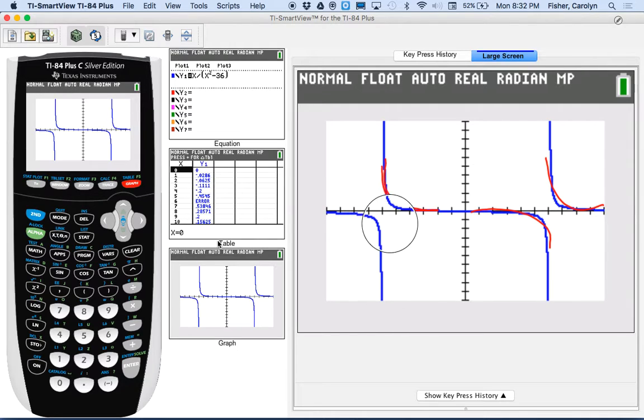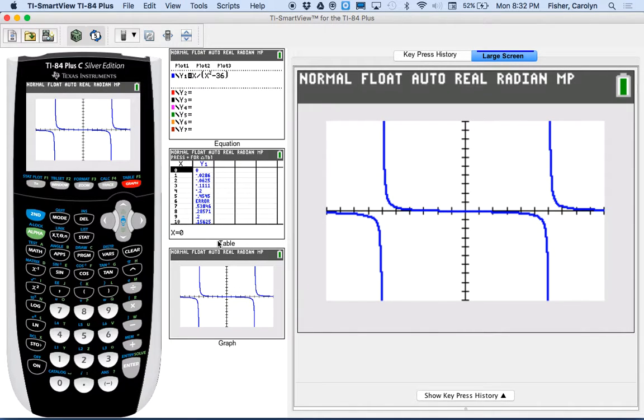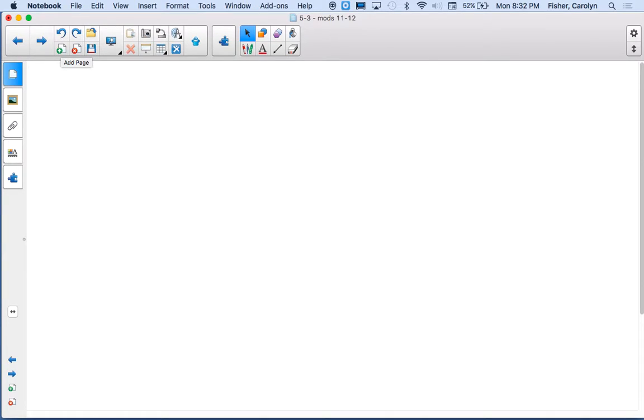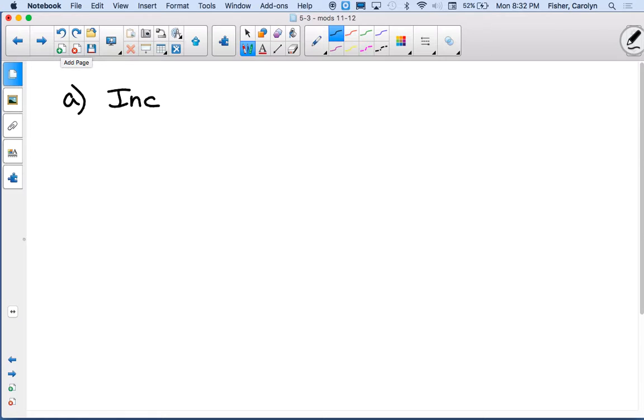If you were to write out your answers to my original 4 questions. Original 4 questions were A, intervals of increasing. So increasing, we'll go with that first. Increasing, well, never.